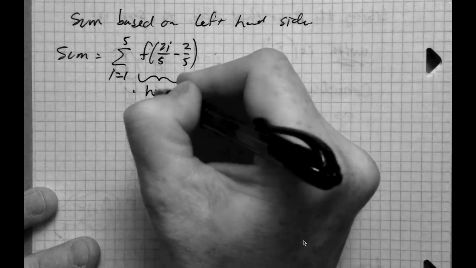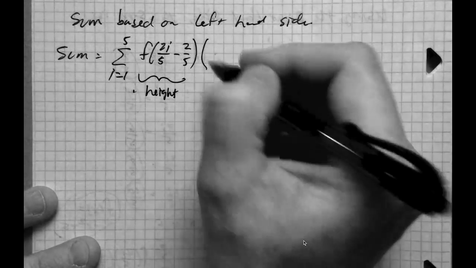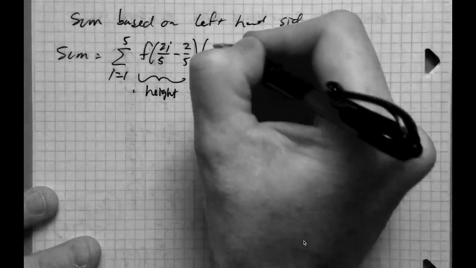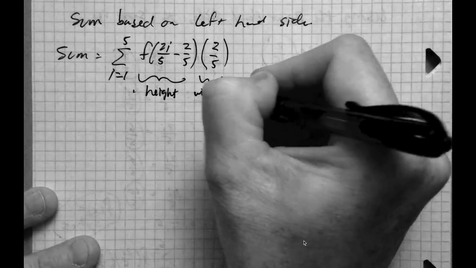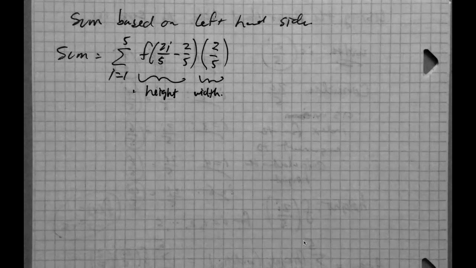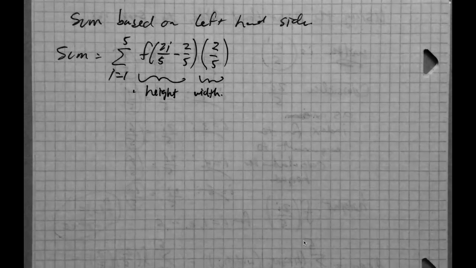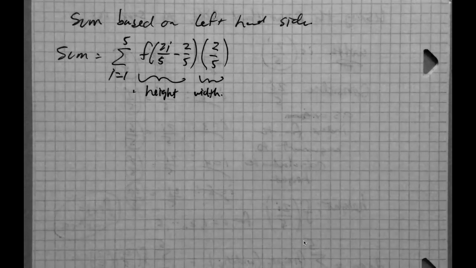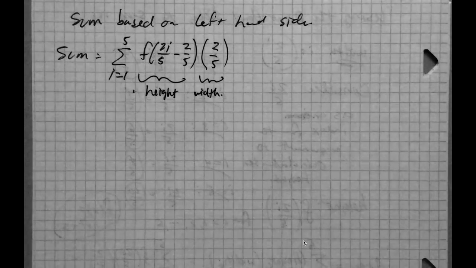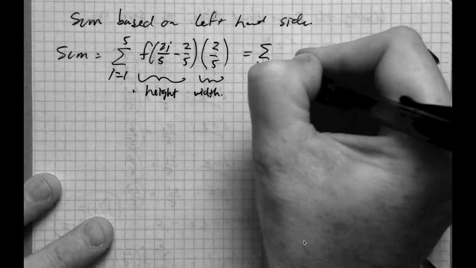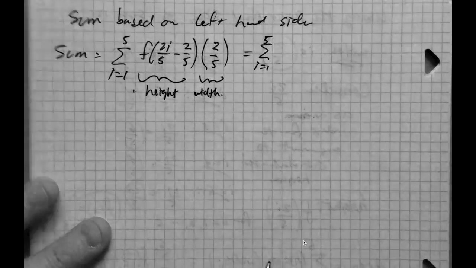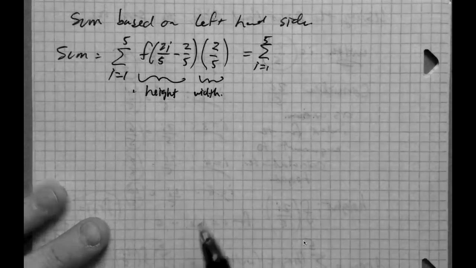So this is the height, and then the width is always 2/5, so it's the same as the previous. Remember, all we're doing here is calculating the area of rectangles, but we're trying to set it up in this concise sum. Then we could plug in the proper terms.